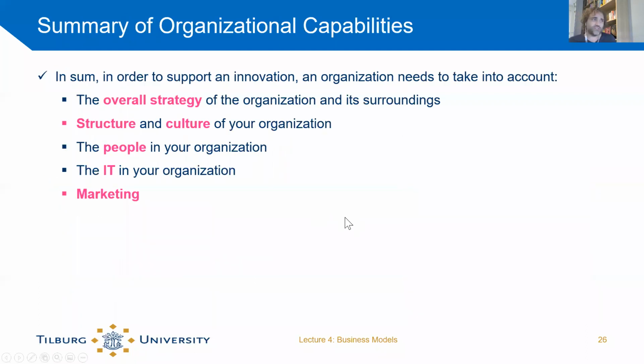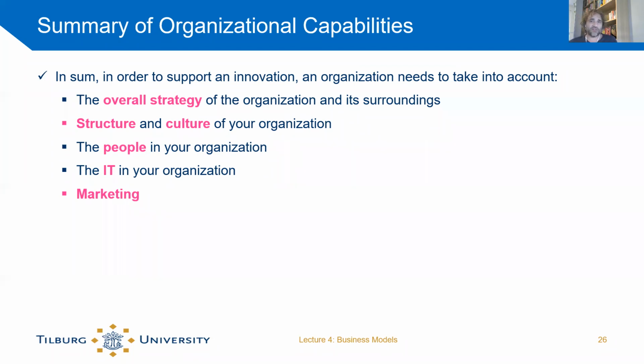So in summary, what you need to do to support the innovation in your organization is that you need to know, okay, does the innovation fit in the overall strategy of the organization? Does the innovation fit into the structure and culture of your organization? You have to explain to the people in your organization that you have a new technology or a new whatever that you want to develop.